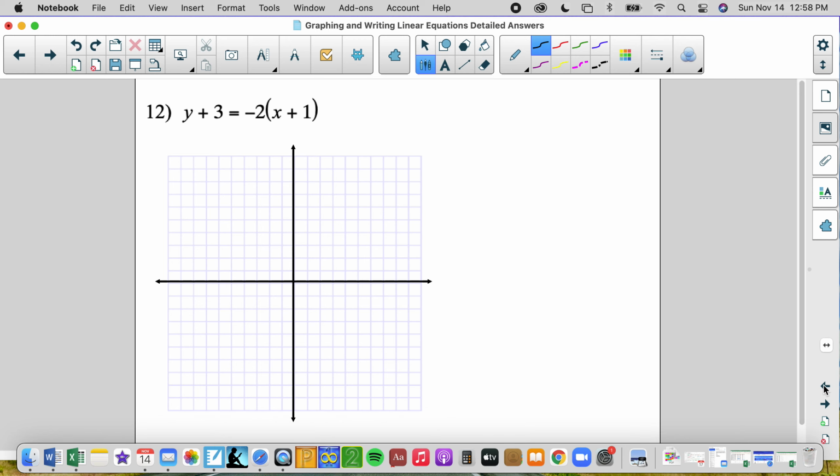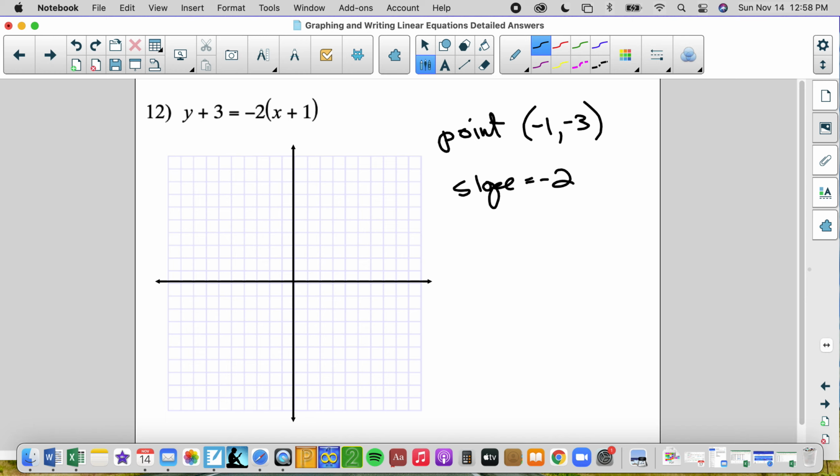Number 12, also still in point slope form. My x value is the opposite of what I see. I see a positive 1, so I know it's going to be the opposite of that. My y value is positive 3, so I know it's going to be the opposite. My slope is going to be negative 2. Remember, we can't use the slope until we have a point.